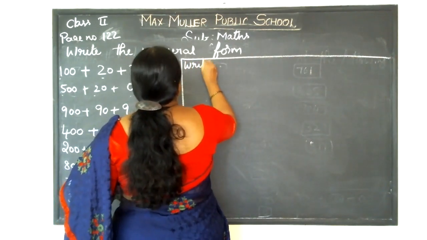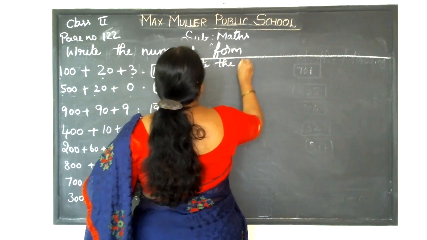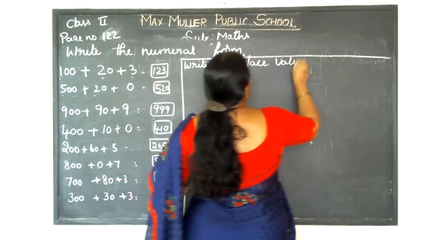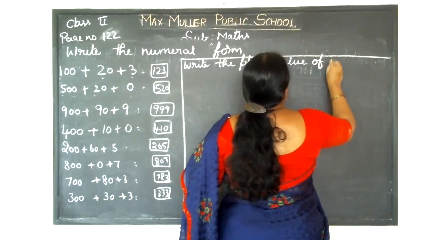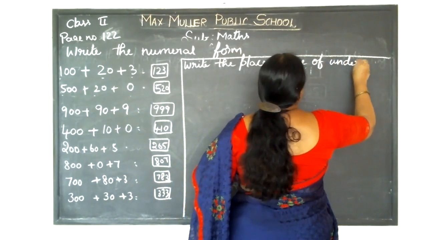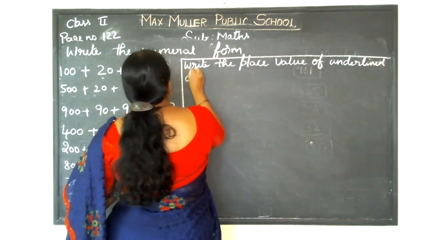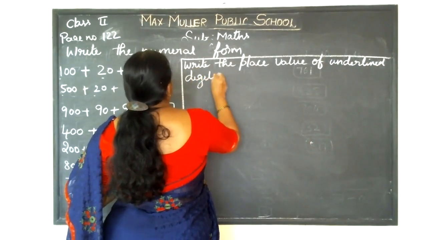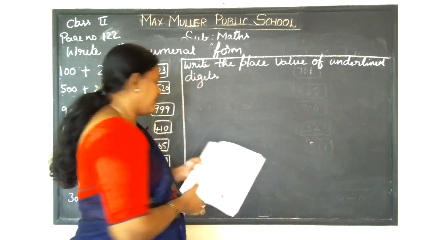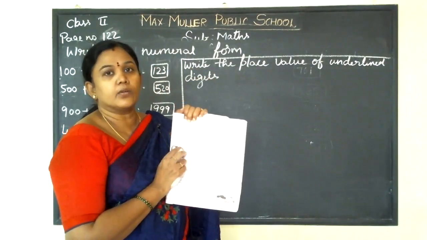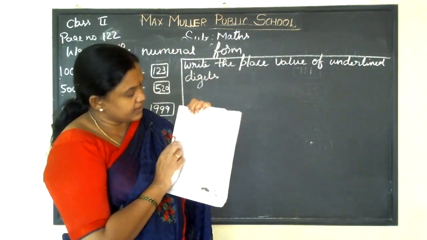Write the place value of underlined digits. So the given underline, children, in 426, 6 is underlined, no? 6 is in which place?